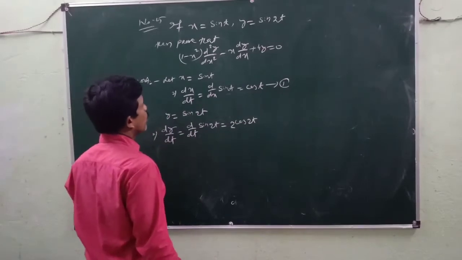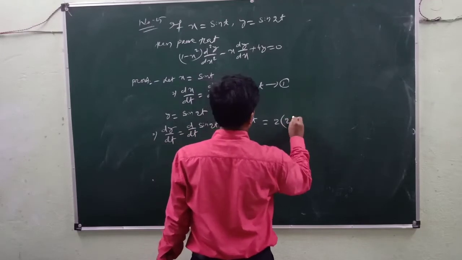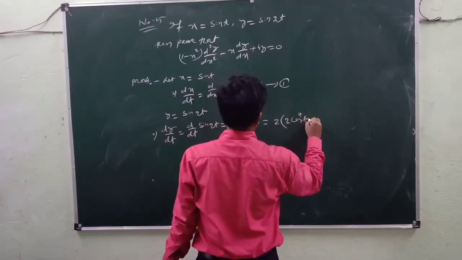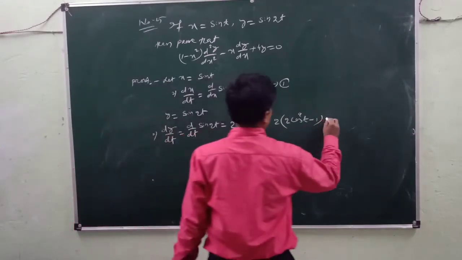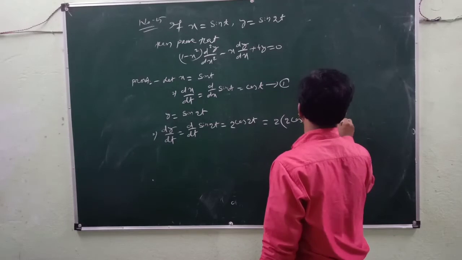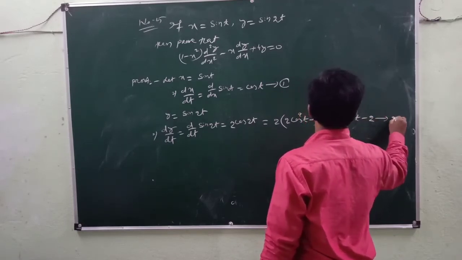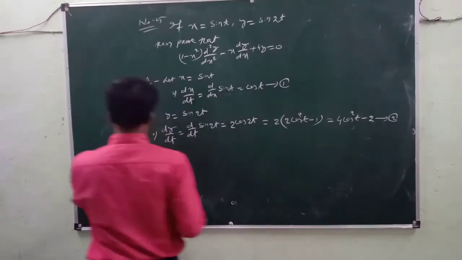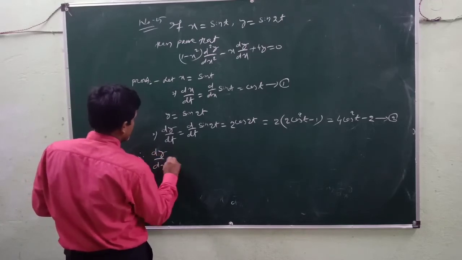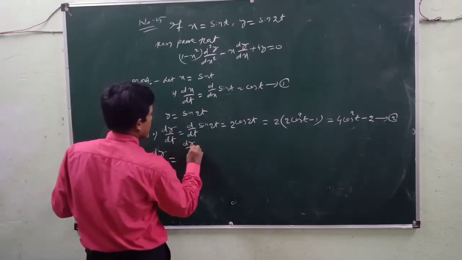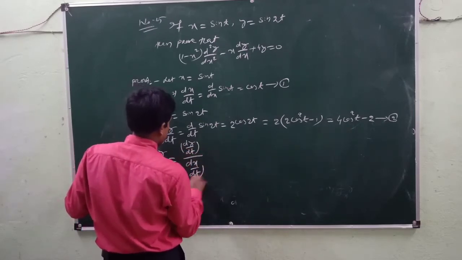Again we already know the formula of cos 2t, that is 2 cos square t minus 1. So the value of dy by dt will be 4 cos square t minus 2. Then applying the chain rule, dy by dx equal to dy by dt divided by dx by dt.